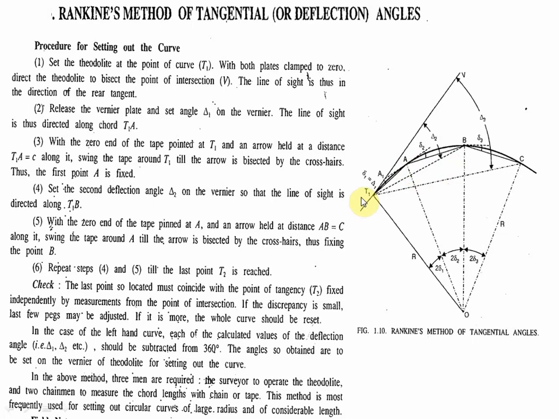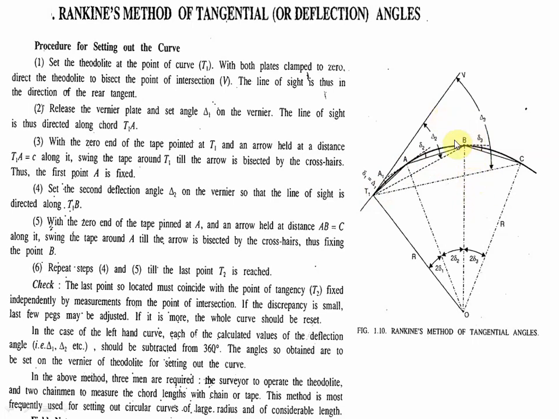Next again, set the deflection angle delta 2 on the vernier and bisect the point T1B. After setting the angle delta 2, hold the zero end of the tape at point A, and at the distance AB hold the arrow and swing it up to the crosshair.